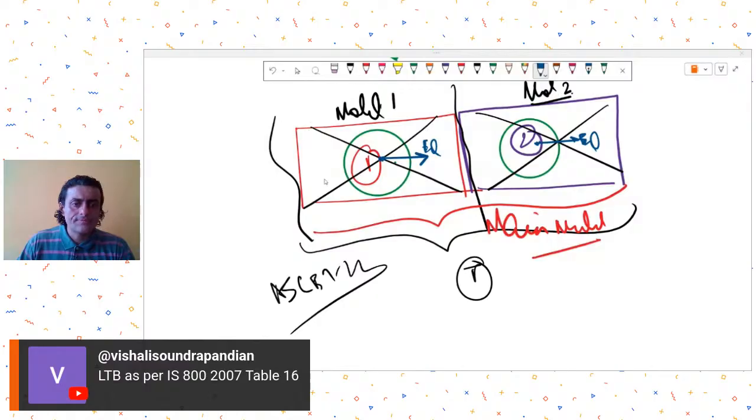So let me just open table 16 and try to recall what is given. Yeah, effective length for LLT for cantilevers.